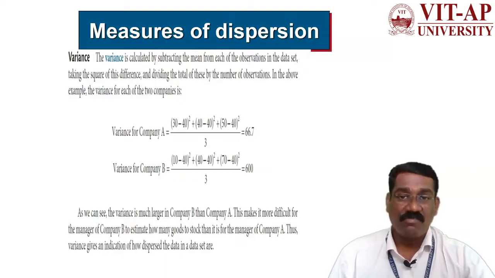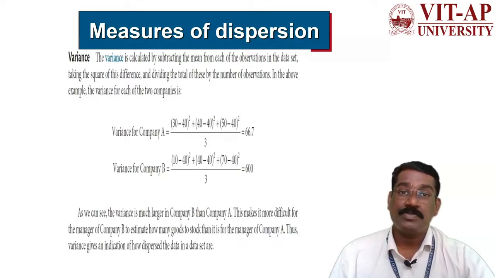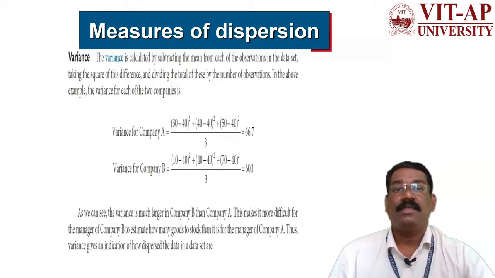As we can see, the variance is much larger in company B when you compare it with company A. This makes it more difficult for the manager of company B to estimate how many goods to stock than it is for the manager of company A. Thus, variance gives an indication of how dispersed the data in your data sets are.